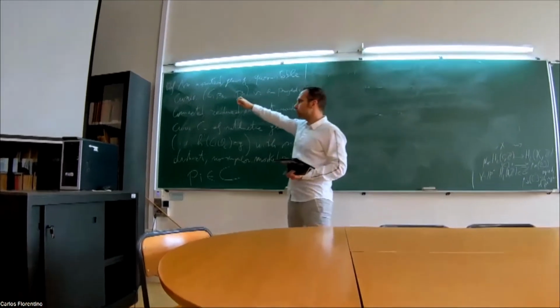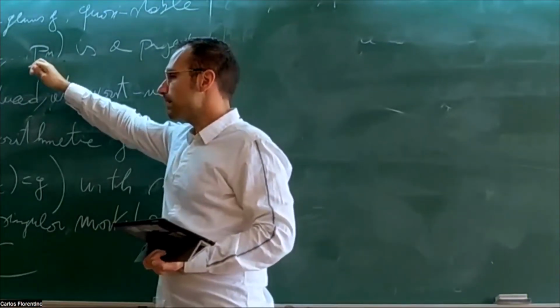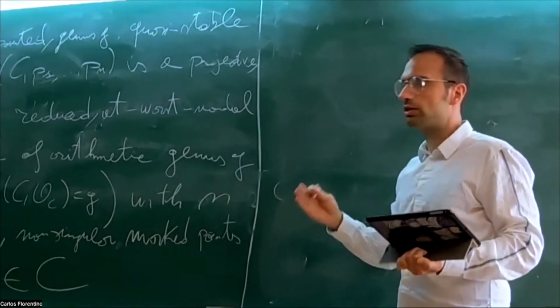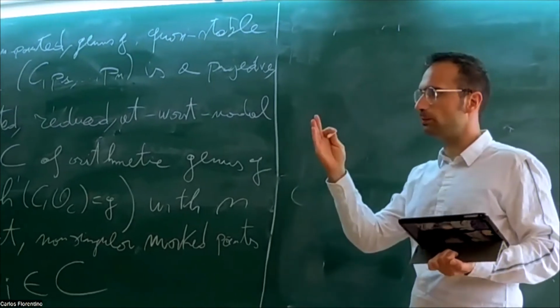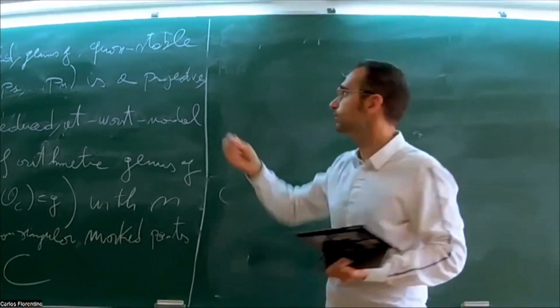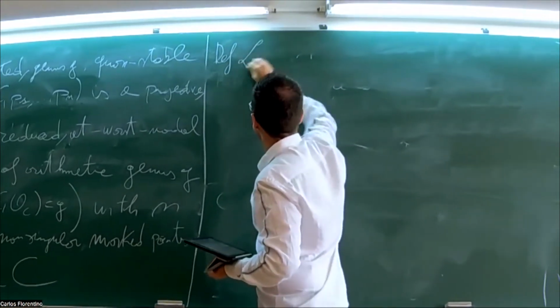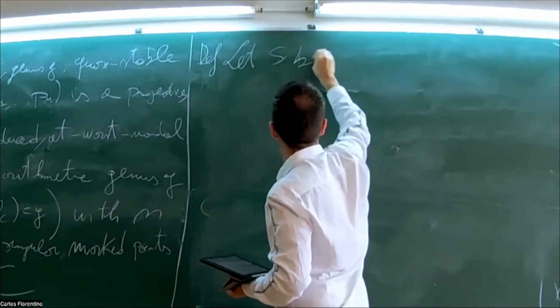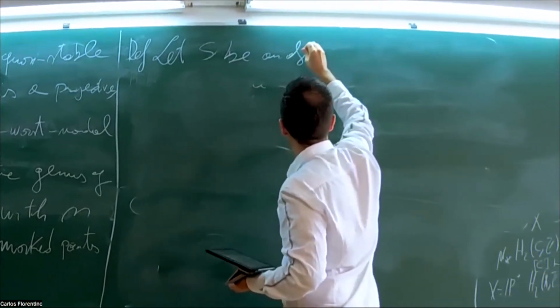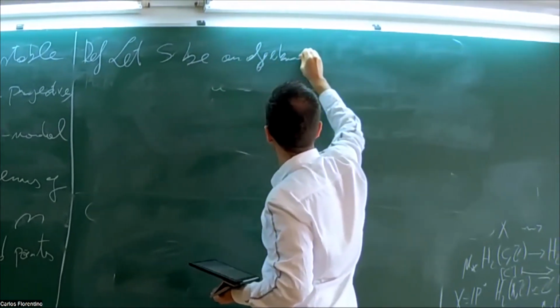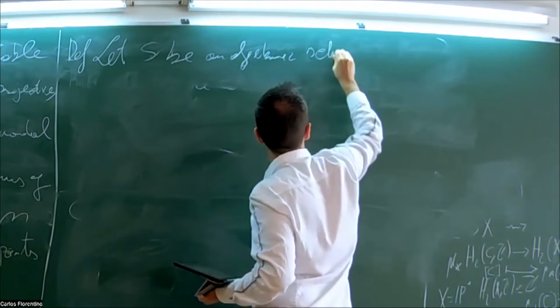Okay, this is a single object, but we may consider a single object in families. So let's see what a family is. The definition: let S be an algebraic scheme.